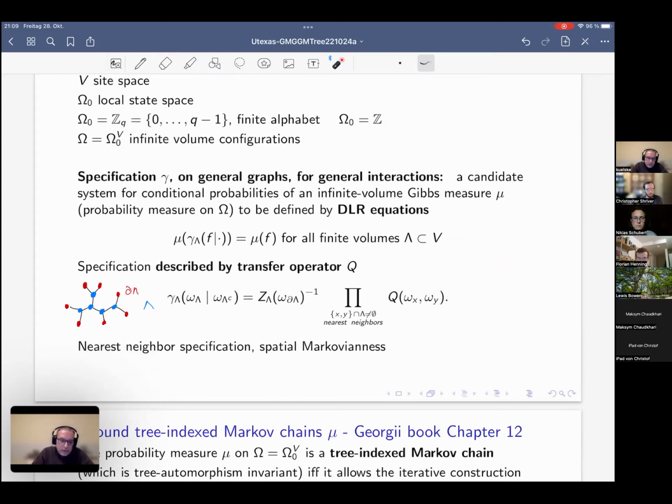You take a certain finite subvolume, let's say it's a tree, this little blue tree, and you specify what the conditional probability of the measure should look like for the random variables which are indexed by this finite volume if you prescribe all the outside. In the models we consider, you have what we call in statistical physics a nearest neighbor interaction.